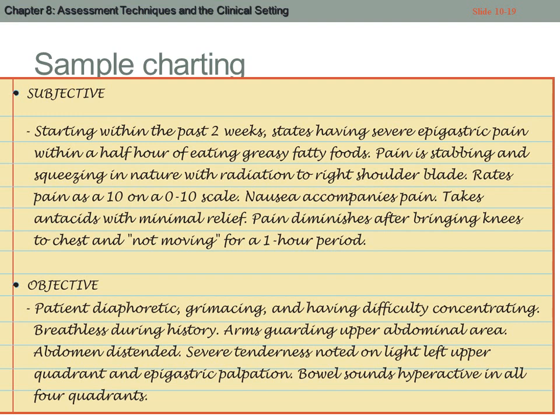And then objectively, you would write what you see or hear or feel, etc. So here, the patient is diaphoretic, patient is grimacing, having difficulty concentrating, breathless during the history, arms guarding upper abdominal area, the abdomen is distended, severe tenderness noted in the left upper quadrant and epigastric palpation. Bowel sounds hyperactive in all four quadrants. So this is where your head-to-toe assessment has been done, and these are your findings.